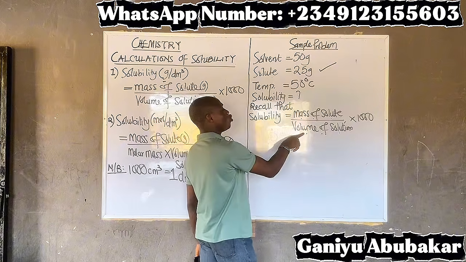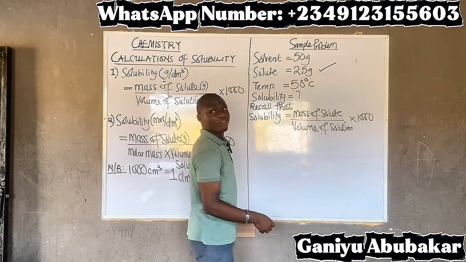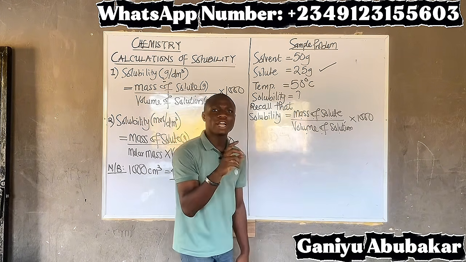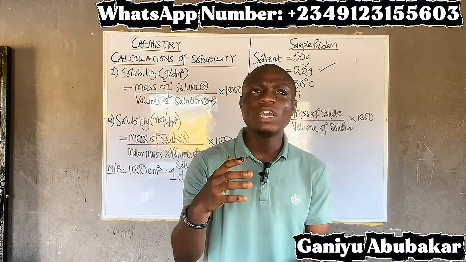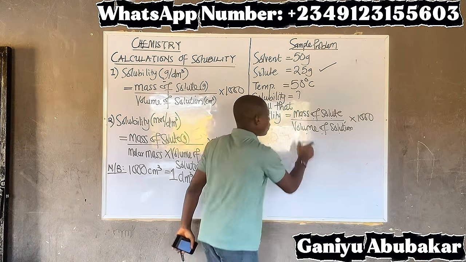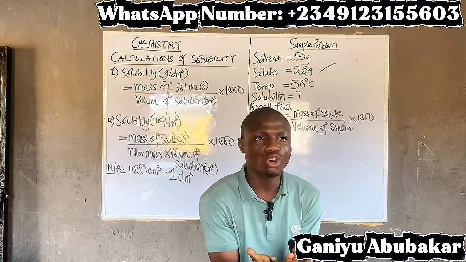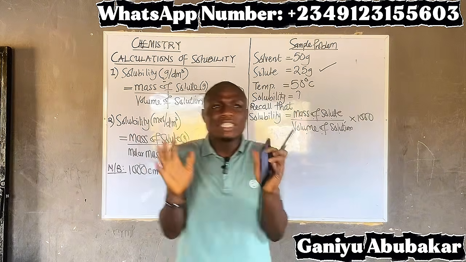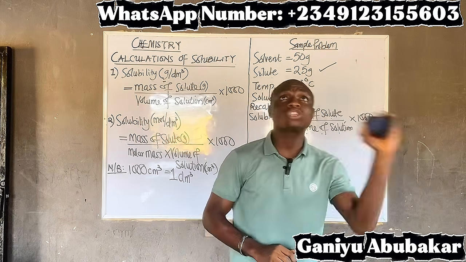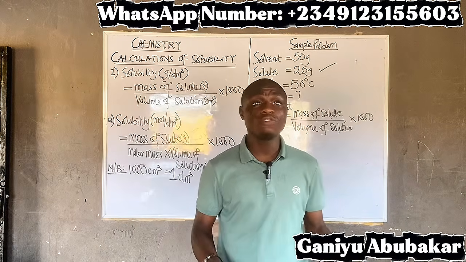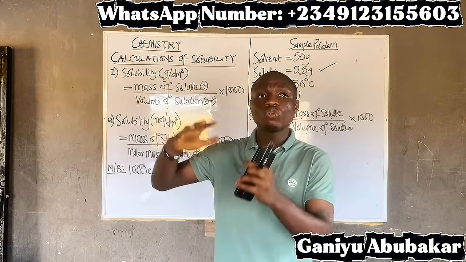When it comes to volume of solution, it's like you are mixing salt and water. If salt and water are dissolvable, they'll give you a solution. So it means that solution is in a bucket.